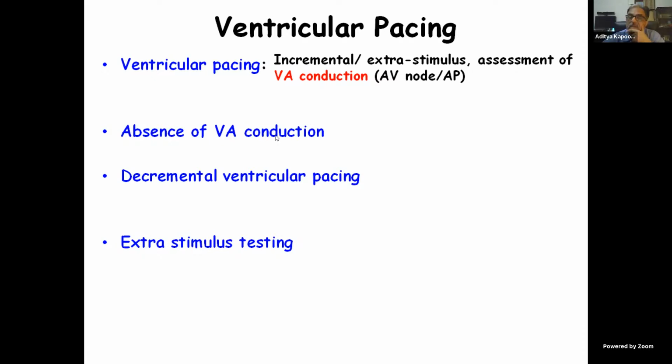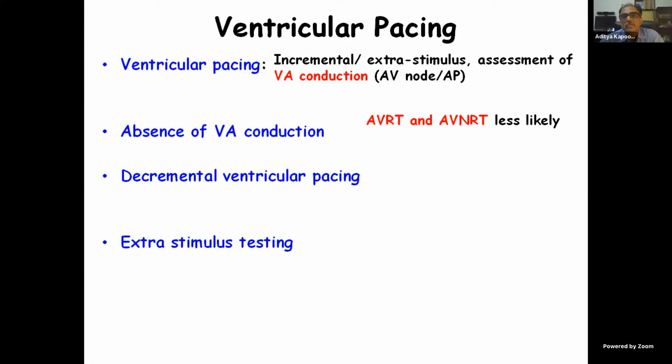Absence of VA conduction you should also note, whether all the V's are conducting to the A's or not. If there is absence of VA conduction, it makes a reciprocating tachycardia or AVNRT less likely.